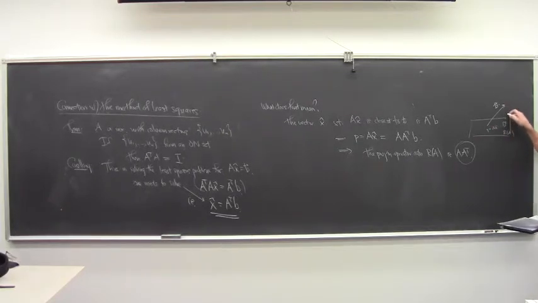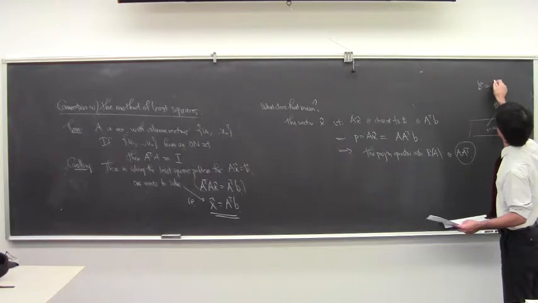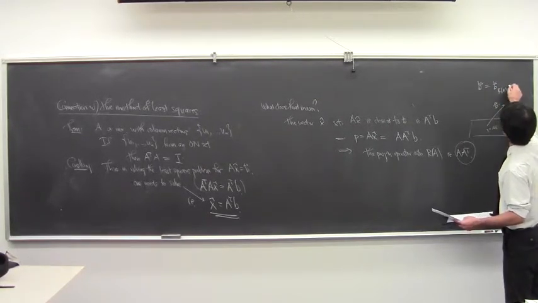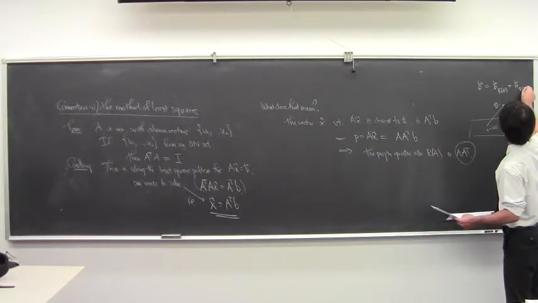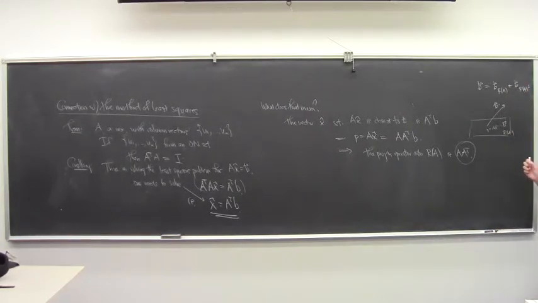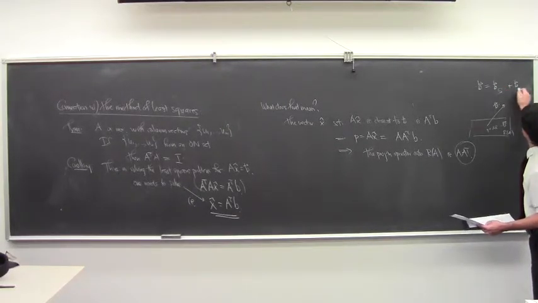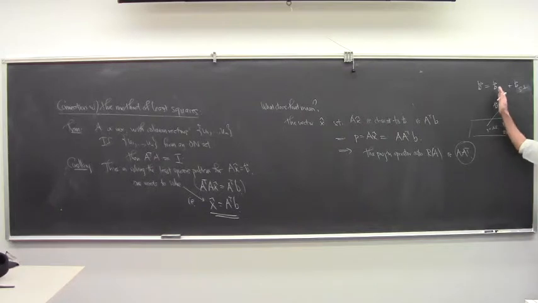The solution turned out to be that you took your B and you split it into somebody that was in the space and somebody that was perpendicular to the space, right? We denoted the space S. You took your B and split it into the part of B that is in S and the part of B that is perpendicular to S.